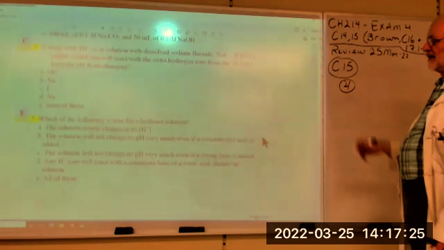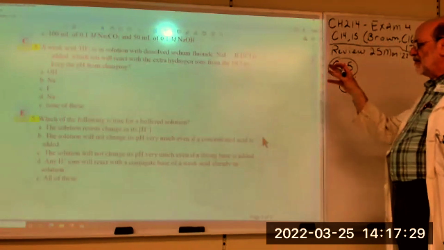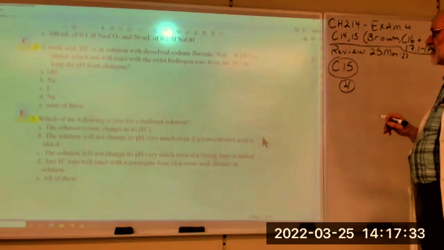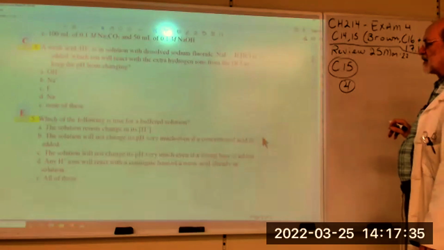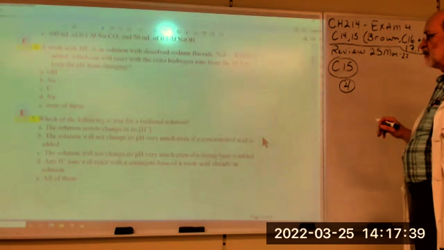Okay. You got your acid and your conjugate base. If HCl is added, which ion will react with the extra hydrogen ions from the HCl to keep the pH from changing?